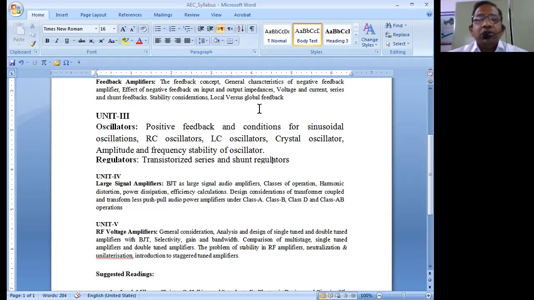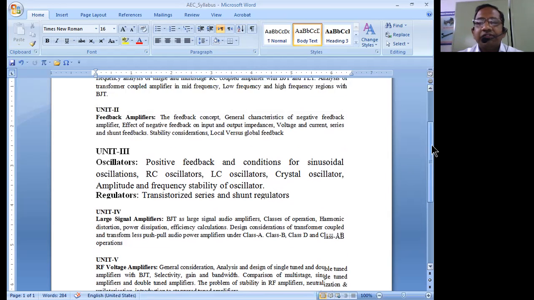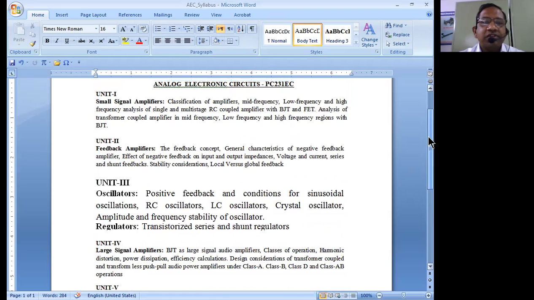What is so important in this subject is that the first unit is very important, of course, where we discussed small signal amplifiers. The most important part in the amplifier circuit is the AC equivalent circuit.